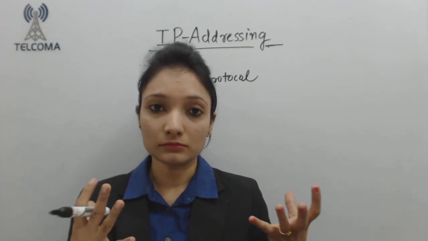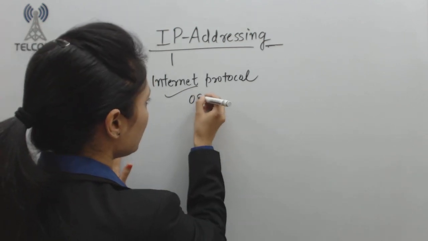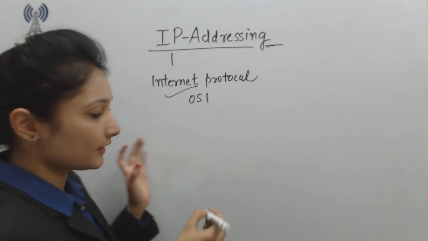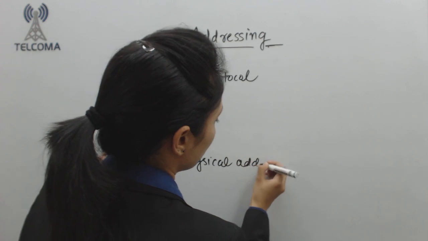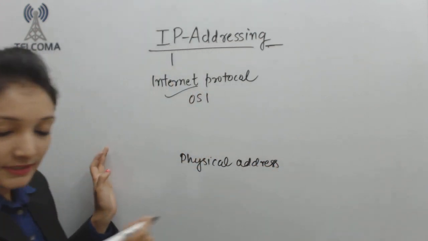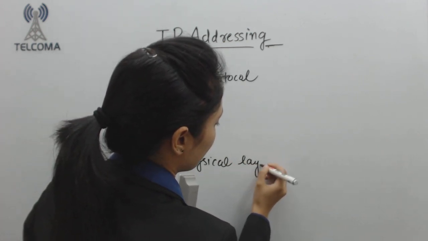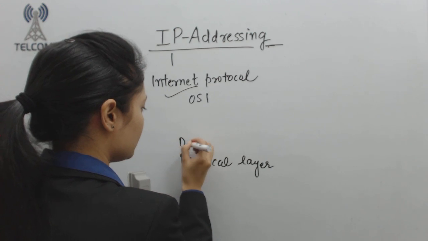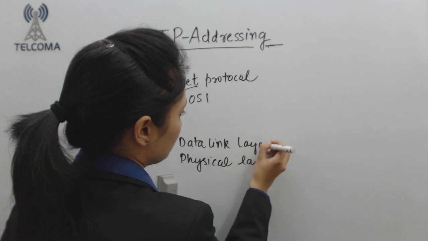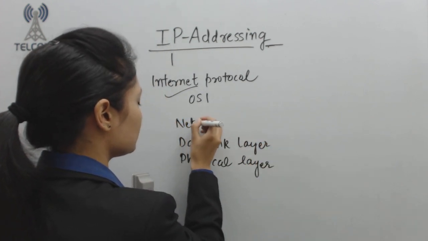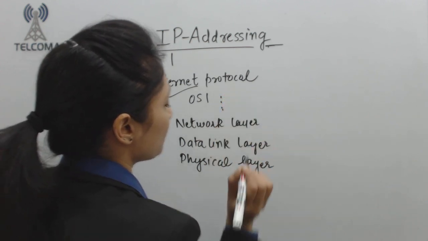Now, if you just talk about the OSI model of the connection, in the OSI model we basically have 7 layers. The physical layer, the data link layer, the network layer, and above.